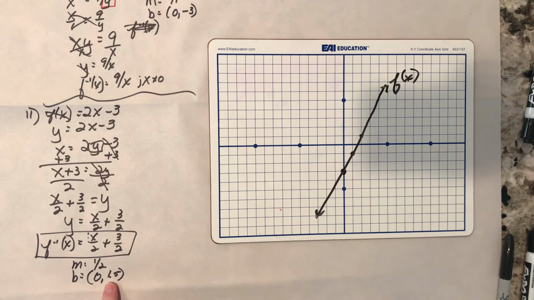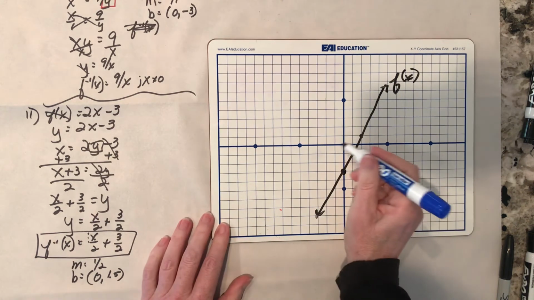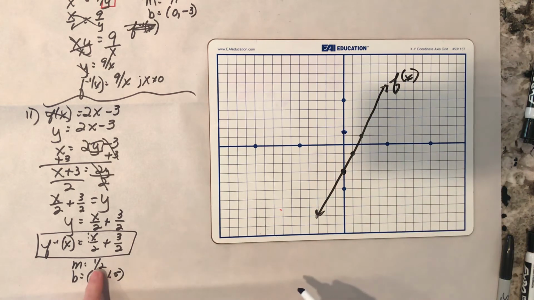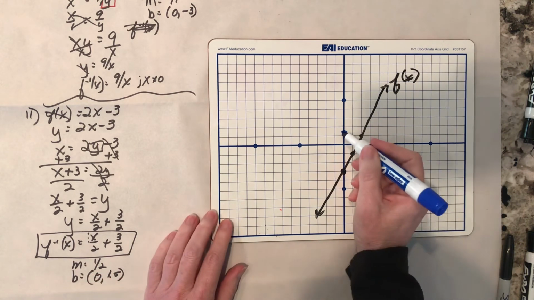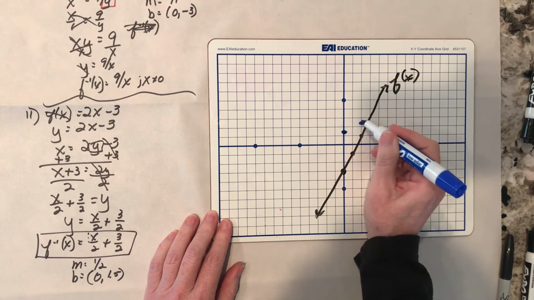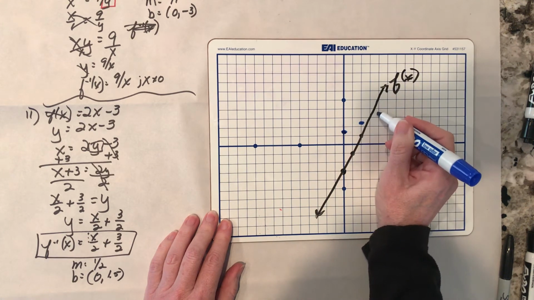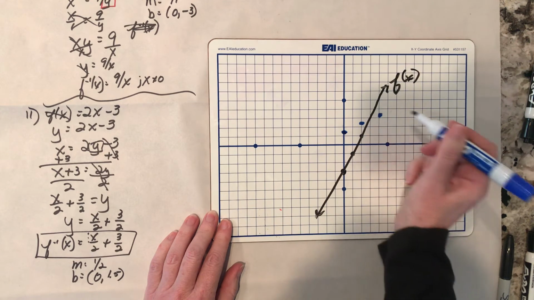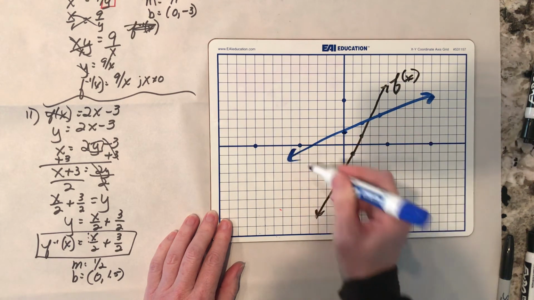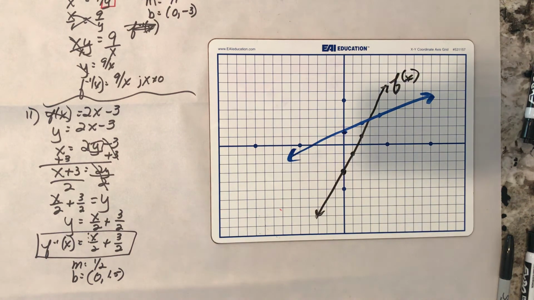Begin at 0, 1.5. 0 says don't go sideways. 1.5 takes us to just about there. And then we're going to go up 1 and over 2, up 1 and over 2, up 1 and over 2. And it'll look like that line. Something like that. That's the inverse.